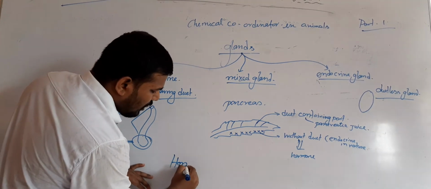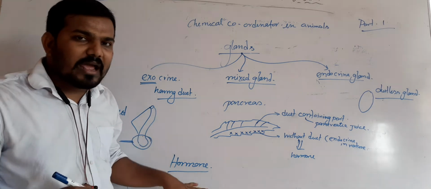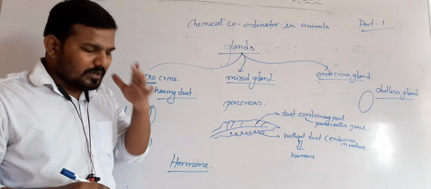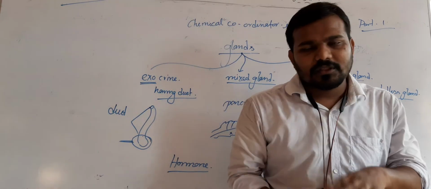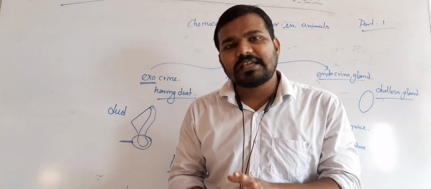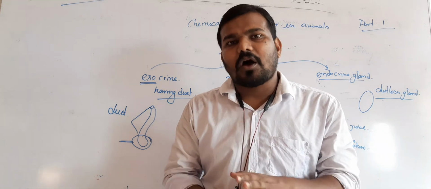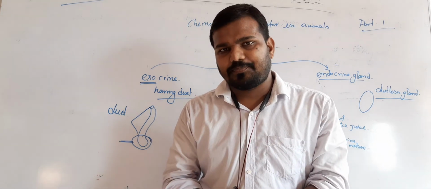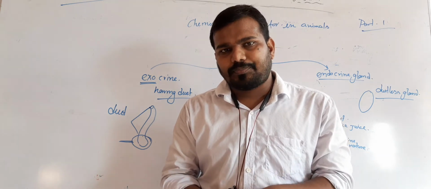So what is a hormone? A hormone is the secretion of an endocrine gland. Now, some basic characteristics of hormones. The first one, hormone is secreted from the endocrine gland. Most hormones are protein in nature. Hormones are secreted in small amounts.